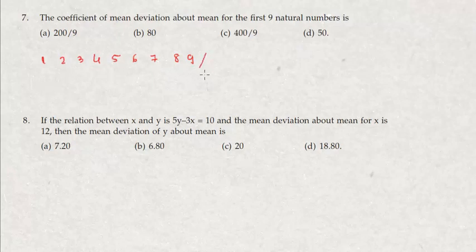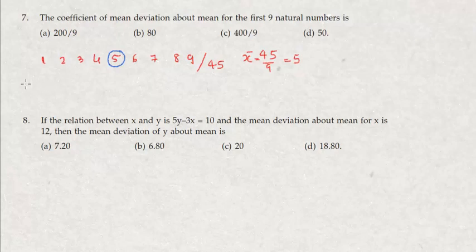The total of all the observations 1 to 9 will be 45. So the mean will be 45 divided by 9, which is 5. Now we can find it by just reading off 5 here, because it is the observation at the center of the data.